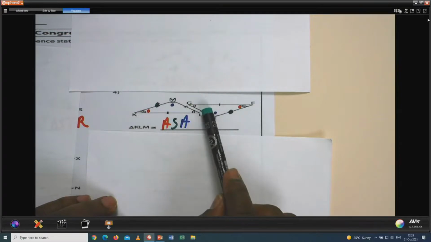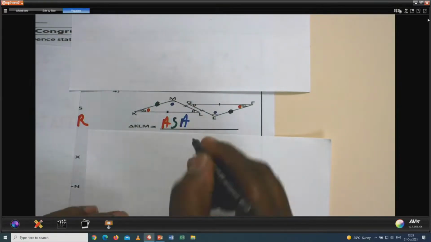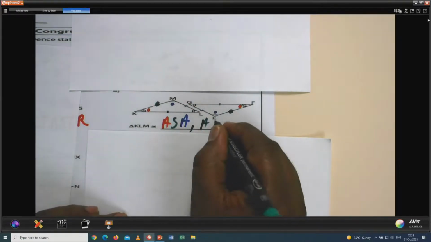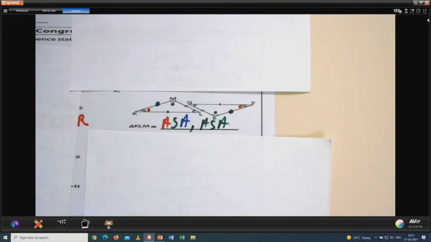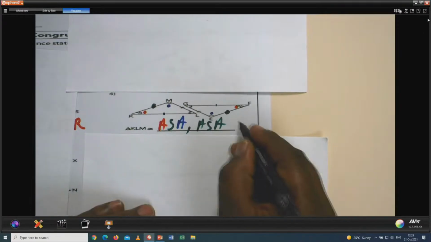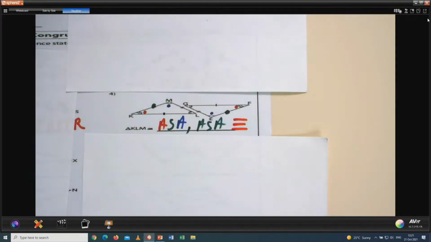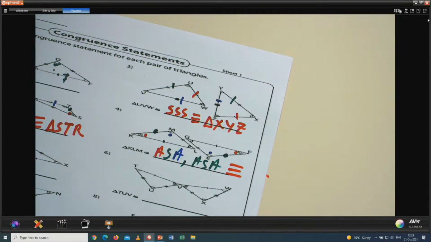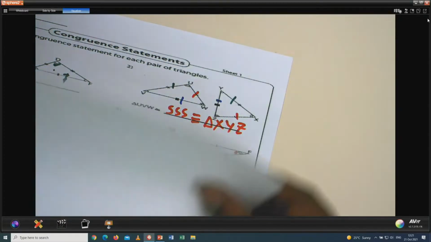This side equals that side. So you can also say angle, side, angle. It depends what you see. And remember, we see things differently. It should not always be the same kind of thing.